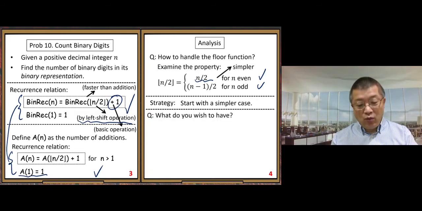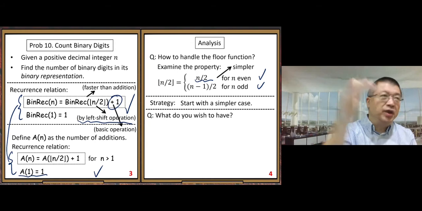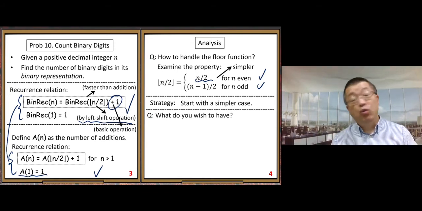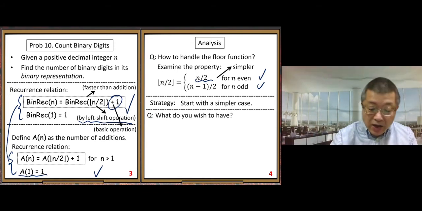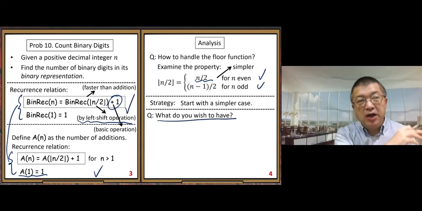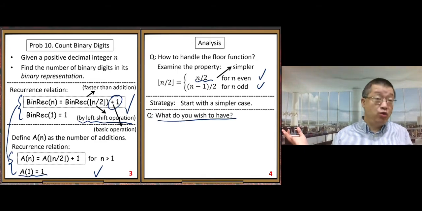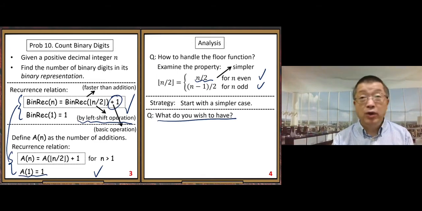Next question. What do we wish to have when we work on problem size reduction? When I ask this question, we want to pick the best case we can have. You always wish the best, right? You do not wish the worst.